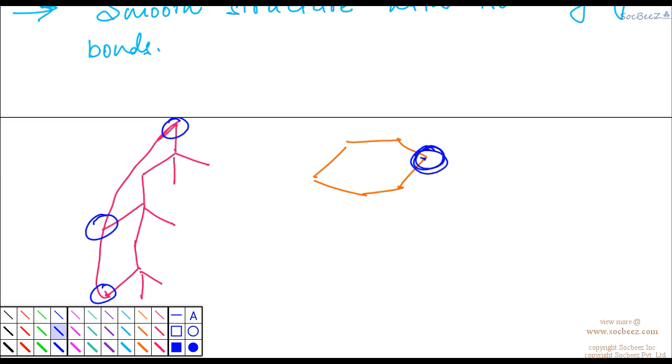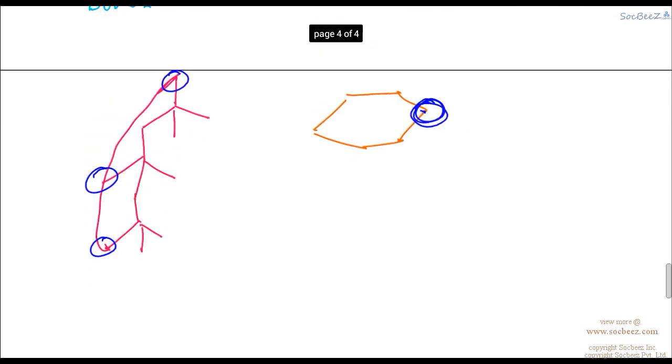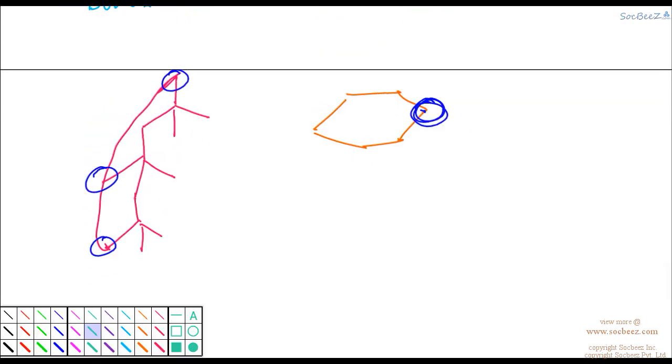There would be a dangling bond because this carbon is only attached to two other carbons. But in the case of fullerene, every carbon is attached to other carbons and the structure is complete entirely. There are no dangling bonds. This is the unique feature of fullerene, that the structure is complete.